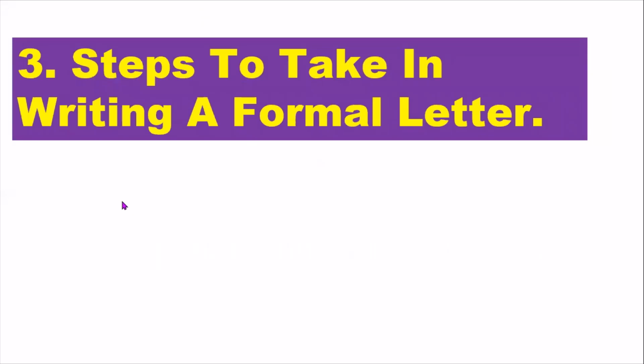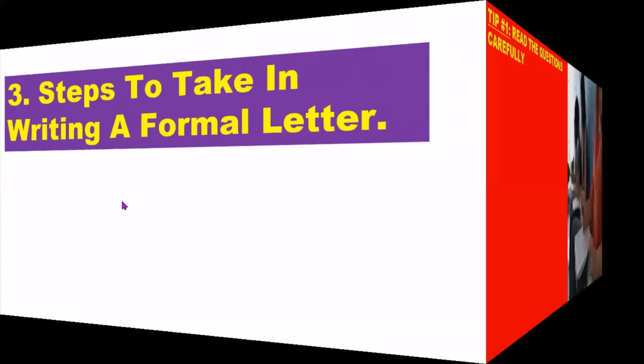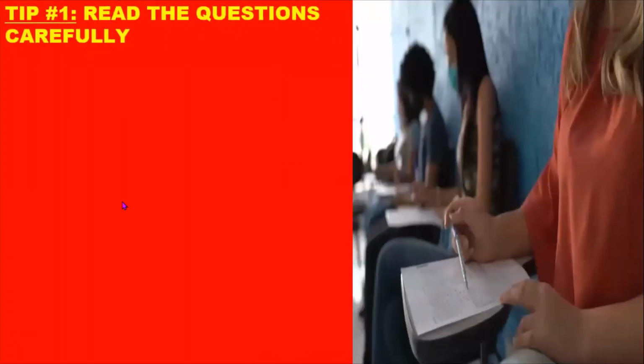What are the steps to be taken in writing a formal letter? So let's begin to look at those definite steps you should take when writing a formal letter. Now, tip number 1, which is of course a definite step, is read the questions carefully.